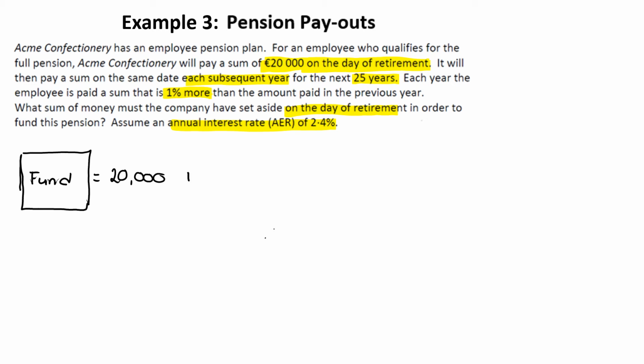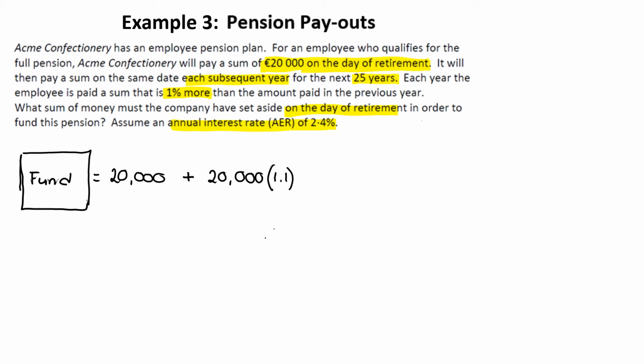The second payout in a year's time is actually 1% more. So if we add 1% on to 20,000, we could figure that out, and that would be 20,200. However, I'm going to be a little bit clever here and keep that 20,000 and basically increase it by multiplying it by 1.01.